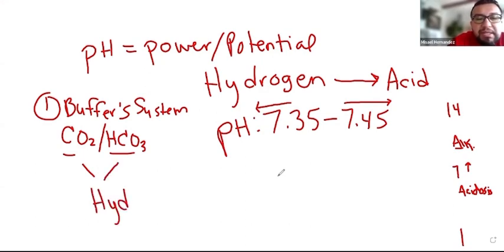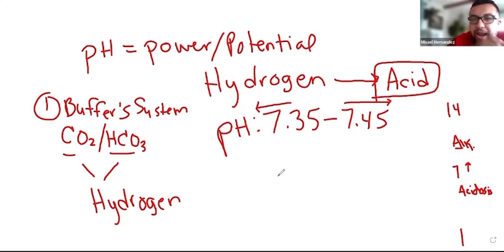Now remember, what did I say at the beginning of all this? Hydrogen equals what? It equals acid, right? Hydrogen equals acid. So your buffer system, which includes carbon dioxide and bicarbonate, what it does is this. The more CO2 you have, it directly influences hydrogen.